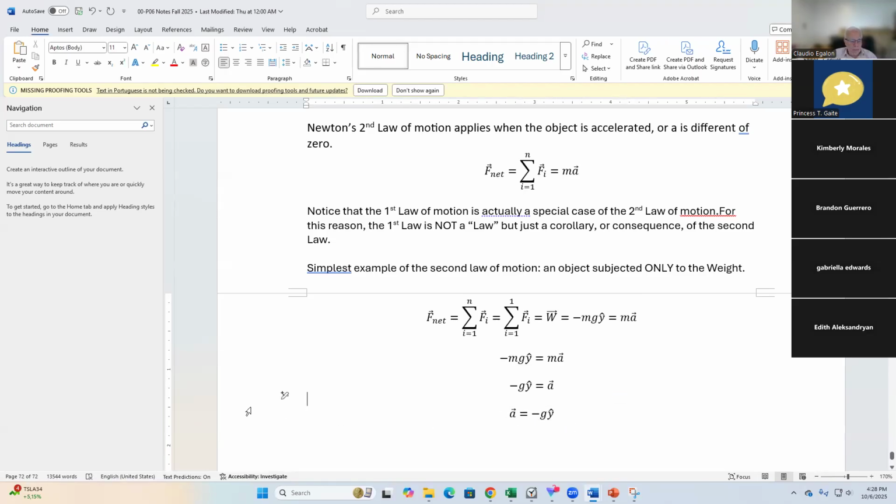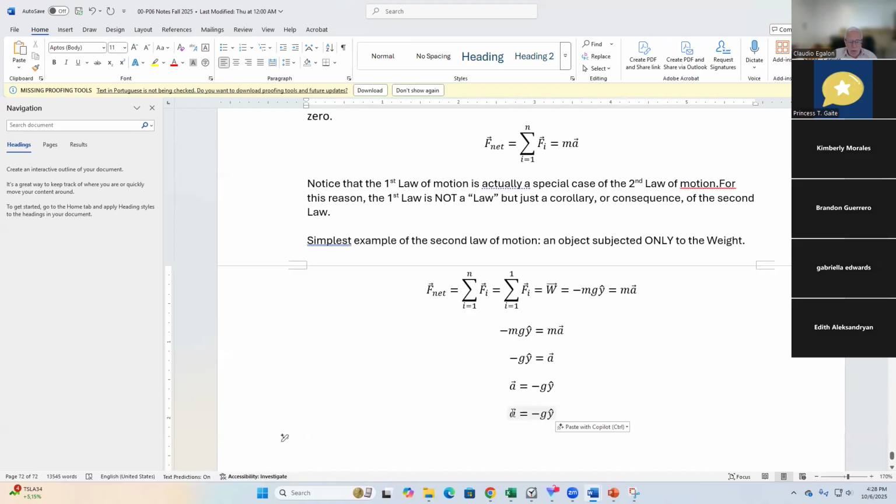We can write that in scalar fashion, just like a equals minus g.